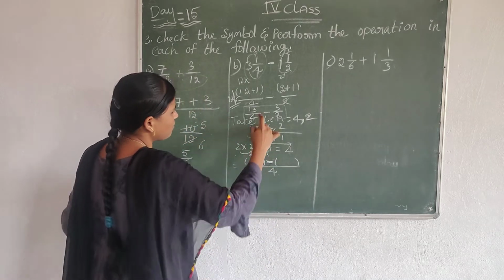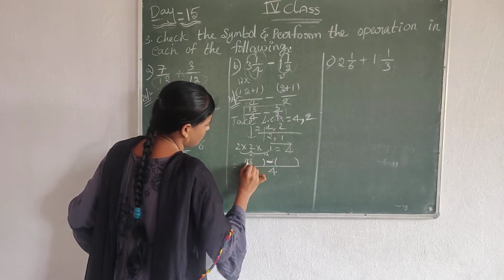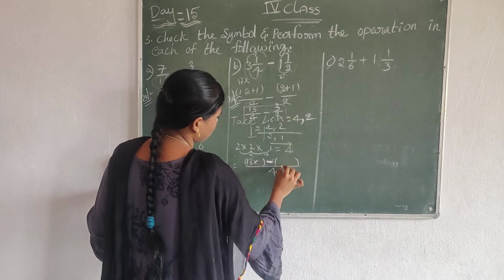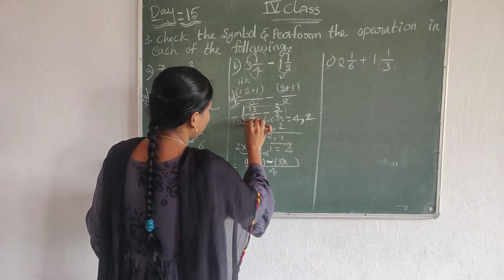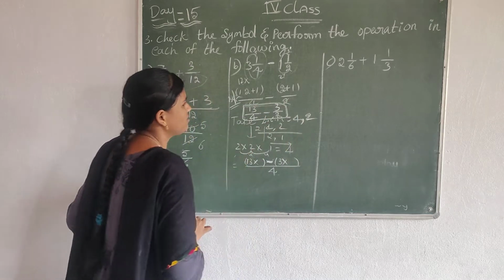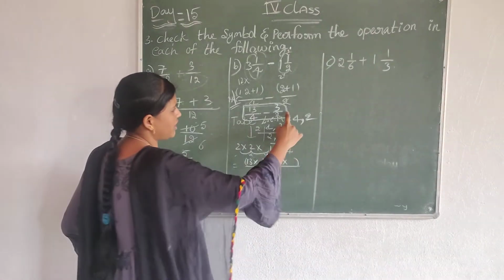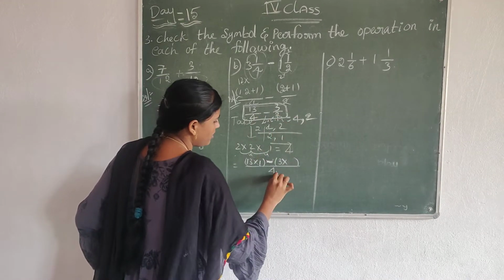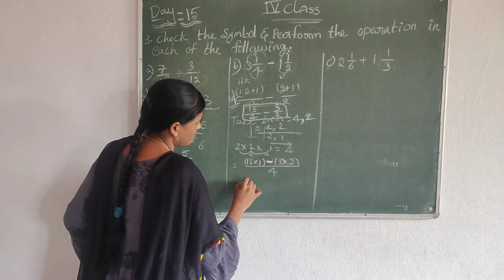Let's see. The first fraction numerator is 13 into. Second fraction numerator is 3 into. Consider this as a quotient. Okay, don't forget it. 4 how many times here? 1 time. 2 how many times here? 2 times.